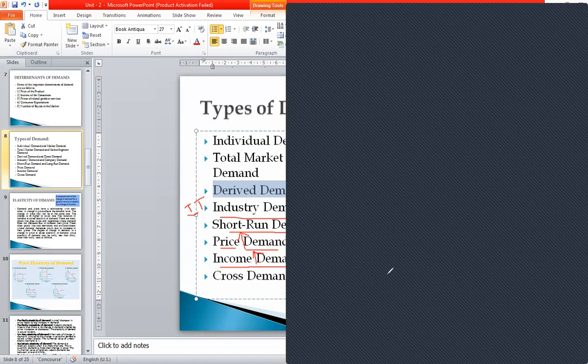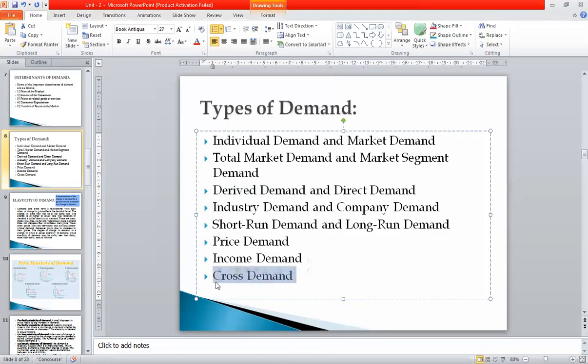And we also have a term called cross demand. It concerns not only the price of the product itself, but also the price of related products. We cannot determine the price of one product in isolation. Cross demand is where we identify the demand for product X as well as product Y. For example, when the price of sugar increases, the price of tea or coffee also increases, because it is a supplementary product.